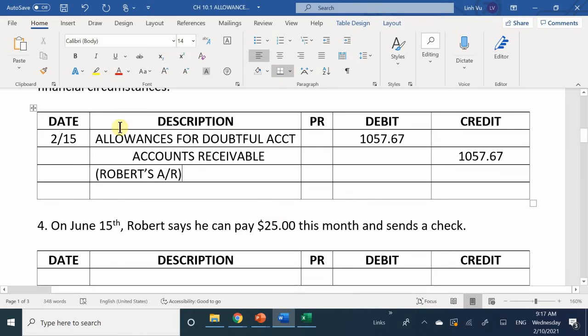So what should you do if you can't pay directly out of the allowance for doubtful accounts? Because remember, that's the placeholder account. So what do we have to do? We add bad debt. Not bad debt. This isn't the end of the period yet. We're not writing off that he's not going to pay us completely. He made another $25 payment.